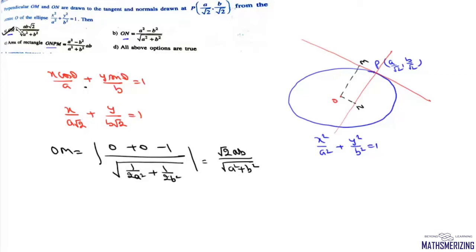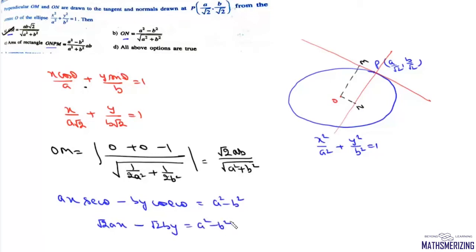Now we know that equation of normal is given by ax secant theta minus by cosec theta, and it is equal to a square minus b square. Again we'll put theta as pi by 4. So we'll get this as root 2ax minus root 2by, and it is equal to a square minus b square.